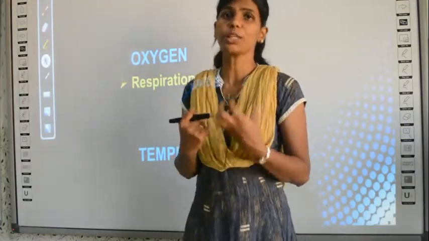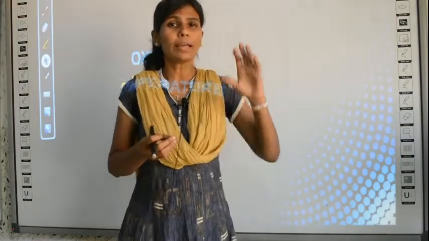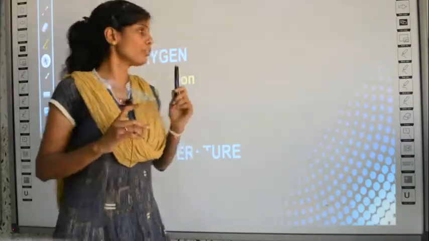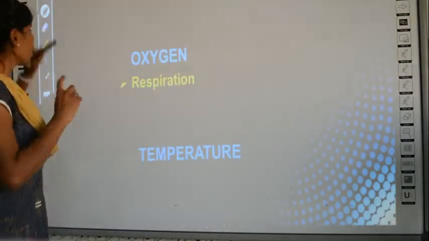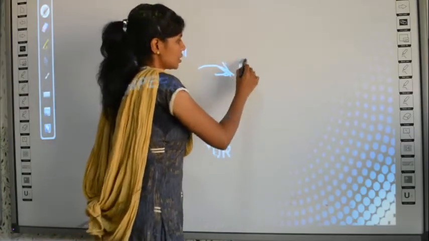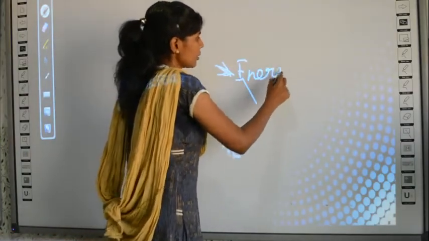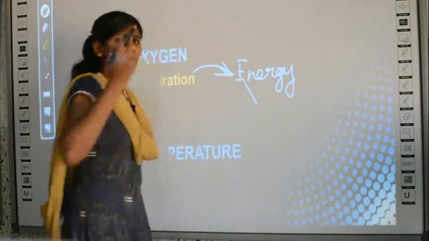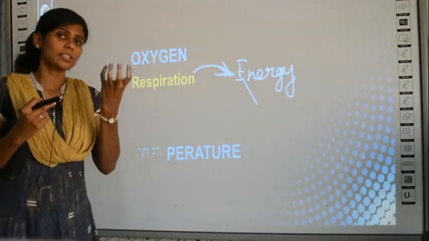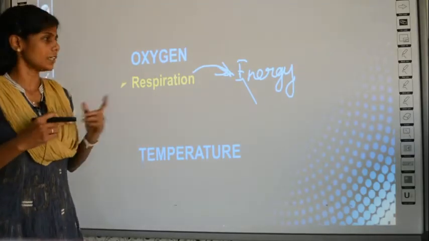Which is the food here? The cotyledon has food, no? That food is broken down in the presence of oxygen to give energy. So out of respiration, what will you get? The product obtained from respiration is energy. So when there is energy, what will happen? The seed will grow. That is, the small seedling will grow from the seed.